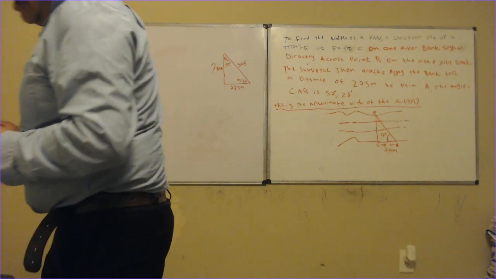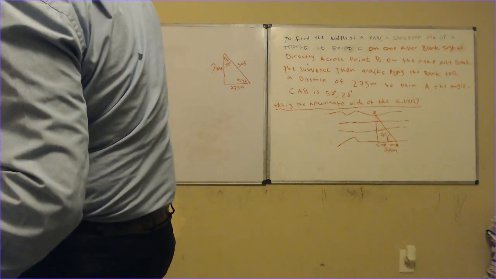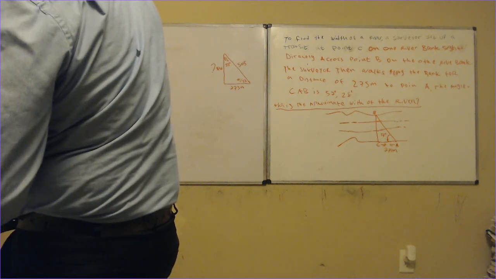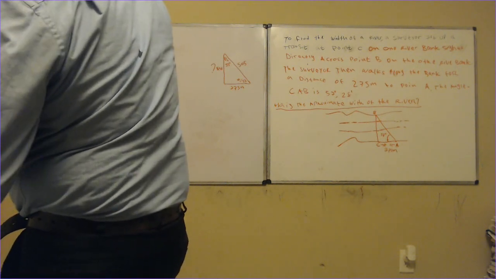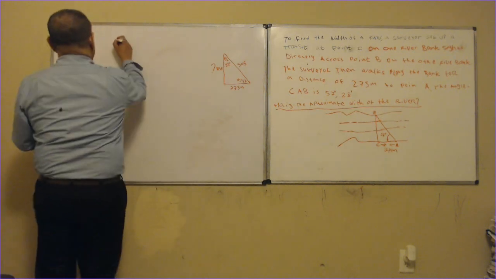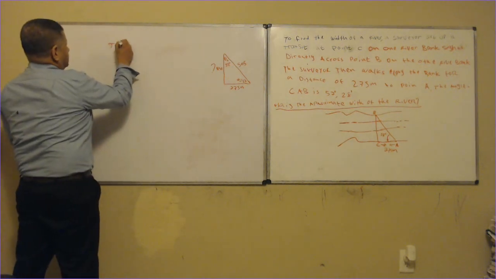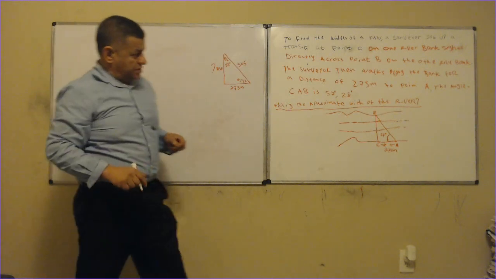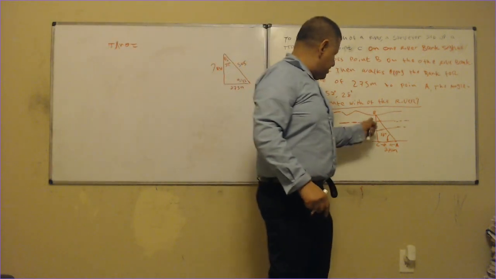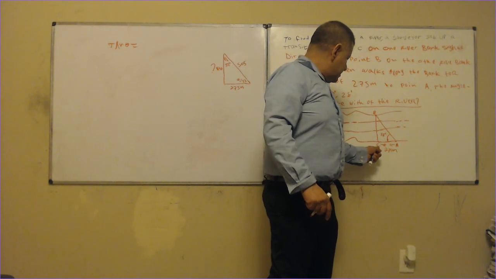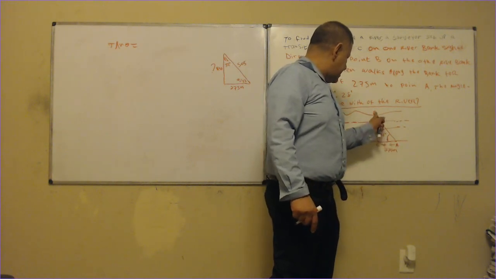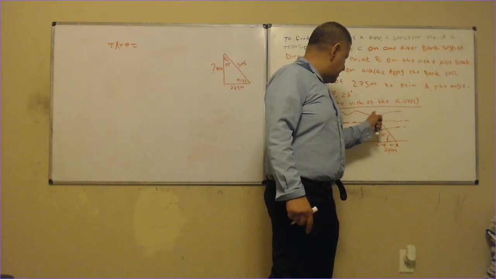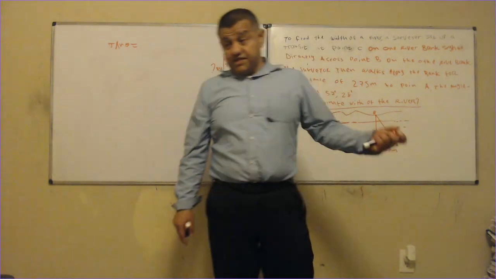So tangent of theta is equal to, what do we have here, right? We have CA and BC.